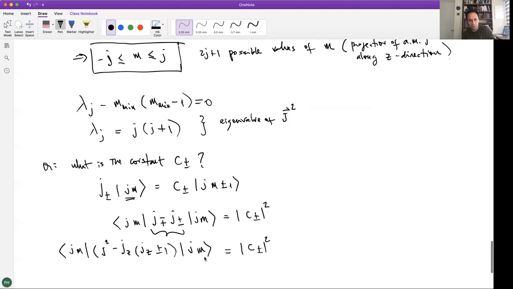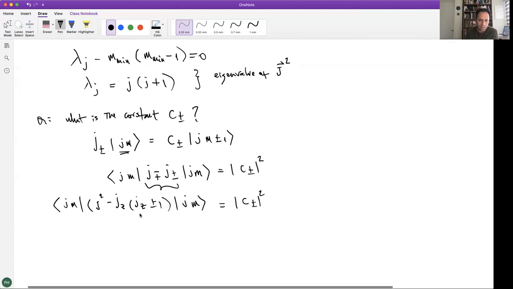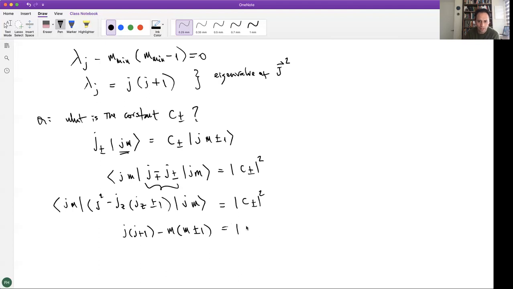Then, because we know jm are common eigenstates of j squared and jz, this basically tells us that c plus minus squared is equal to j times j plus 1 minus m times m plus minus 1. But we have only determined the absolute magnitude squared of c plus minus.